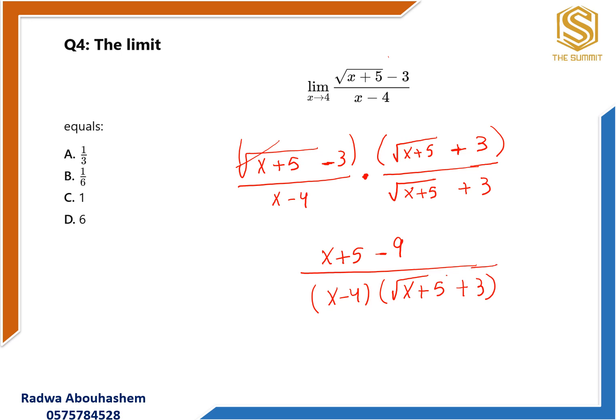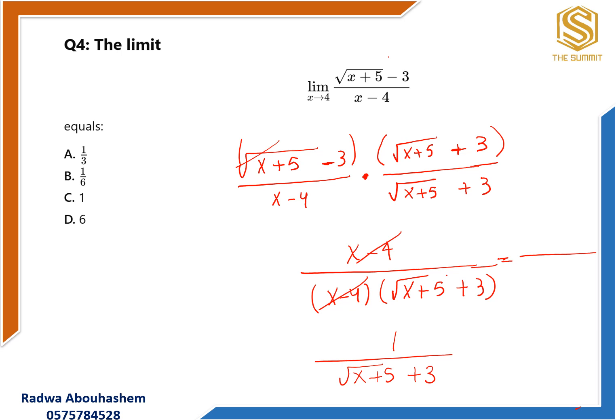So x plus 5 minus 9 gives me x minus 4. So I could just erase this one and write x minus 4, so I could cancel it. It would give me the same expression here, 1 over root x plus 5 plus 3.